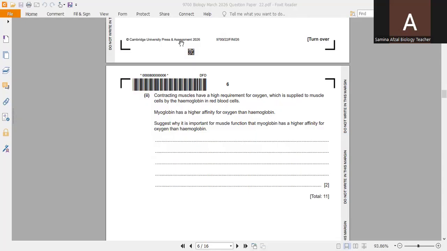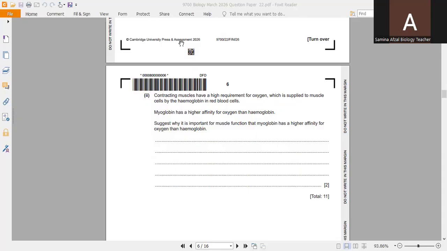So here we have to discuss the functional importance of the affinity: it allows myoglobin to readily load oxygen when combined with them. So it allows myoglobin to readily bind oxygen from hemoglobin when blood passes through muscle tissues, ensuring oxygen is effectively transferred into the muscle cells.